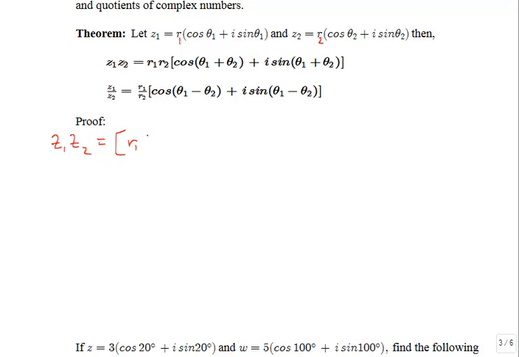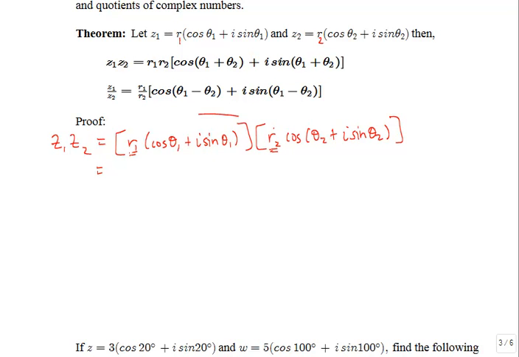So we're going to have r sub 1 times cos theta sub 1 plus I sine theta sub 1. So there's z1. And now we're going to multiply it by z2, which is r sub 2 cosine theta sub 2 plus I sine theta sub 2. To multiply these, notice that these are really just coefficients, so I can group this one together with our r sub 1 and just put those together out front.